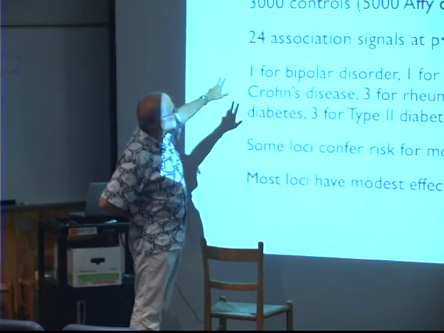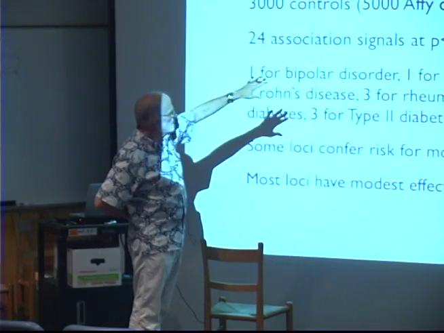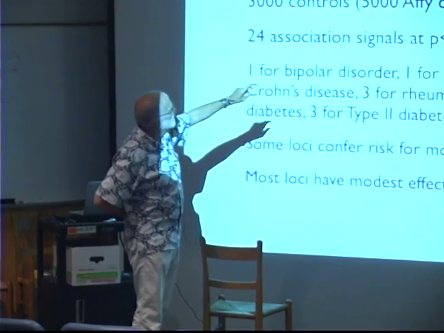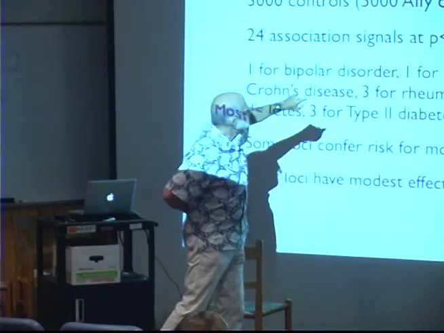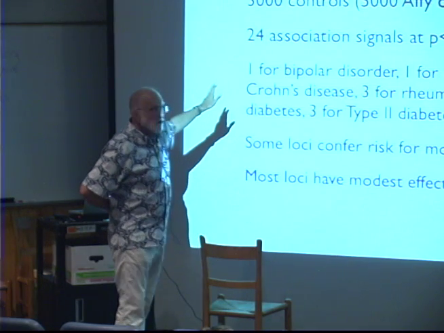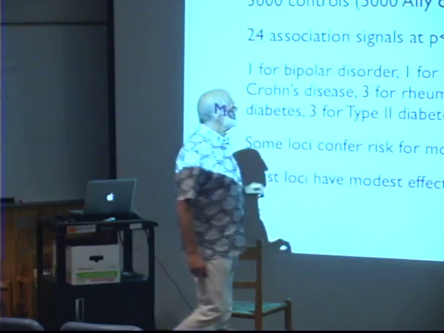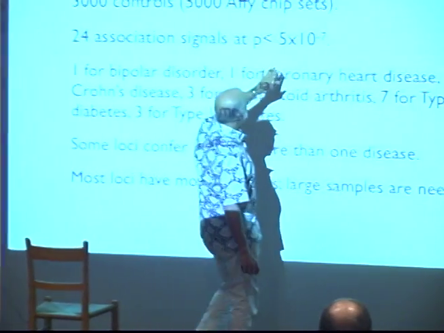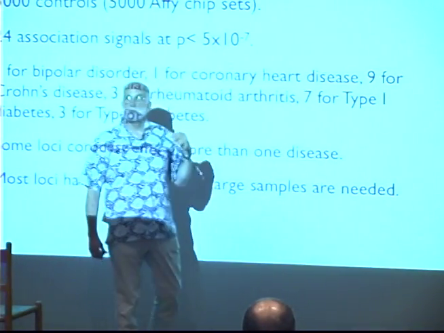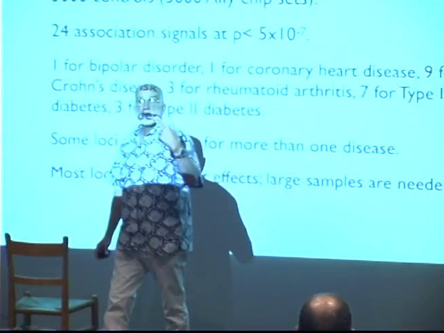They picked up out of all of these, by the way, that should be the 500,000 Affy chipset. Out of all of those SNPs, they picked up 24 association signals. You have to have a very, very high statistical significance because you're looking at so many tests across the genome.